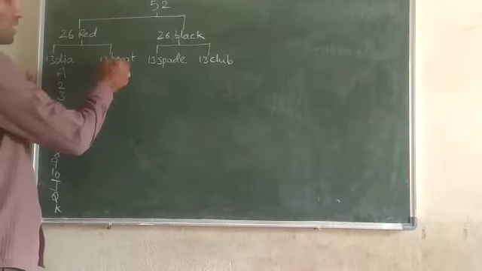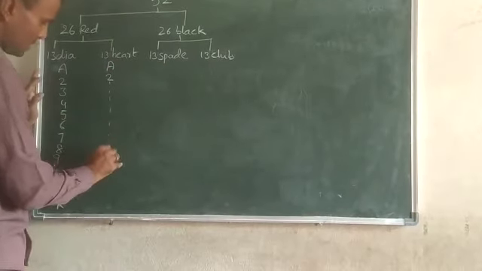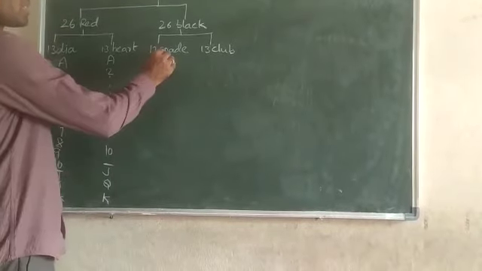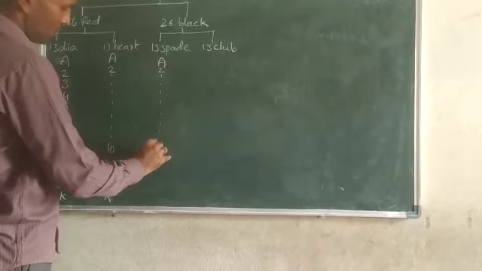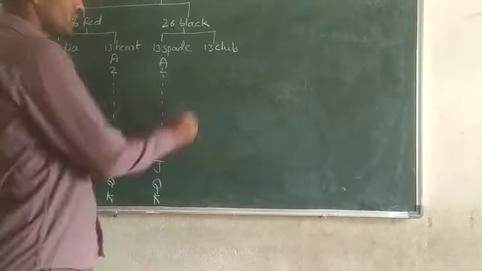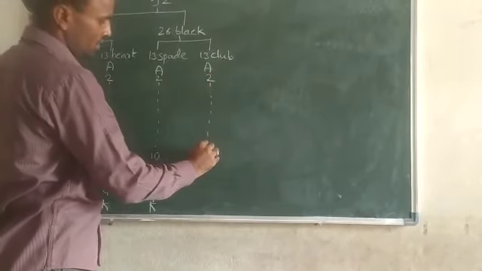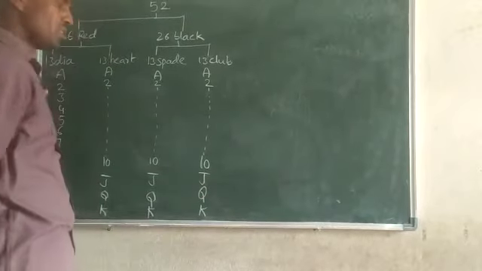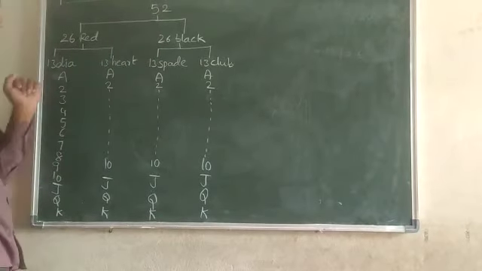Next, the 13 heart cards are also the same: A, 2, 3 and so on up to 10, J, Q, K. Next 13 spade cards, the same. Next 13 club cards, the same. So 13, 13, 13, 13. Total 13 4s are 52 cards.